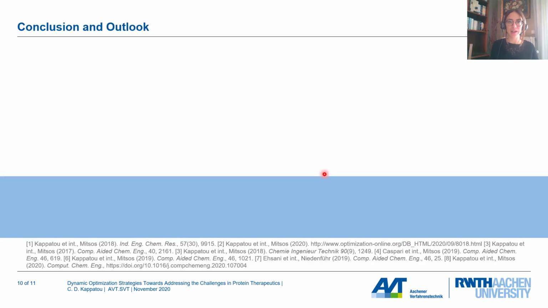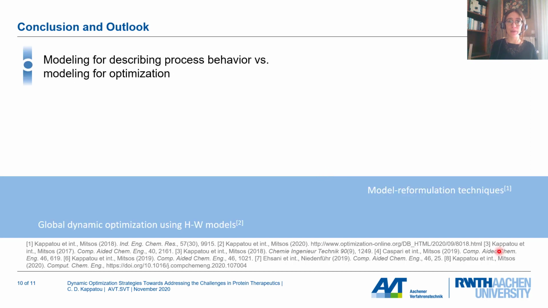Which brings me to my conclusion and outlook slide. I've talked to you about how modeling for describing process behavior can be different from modeling for optimization, and how we can use model reformulation and reduction techniques to obtain numerically proper models for optimization.